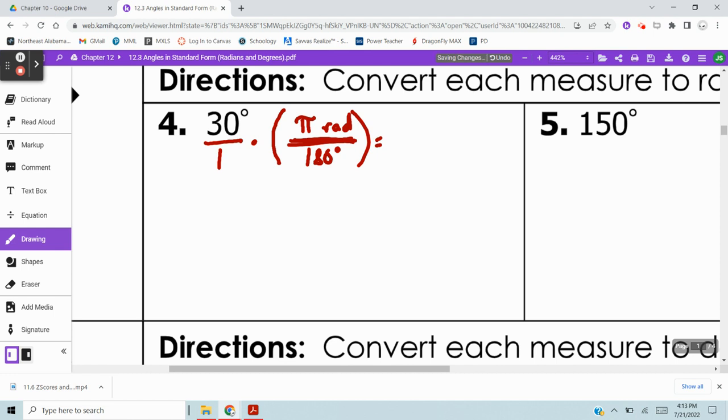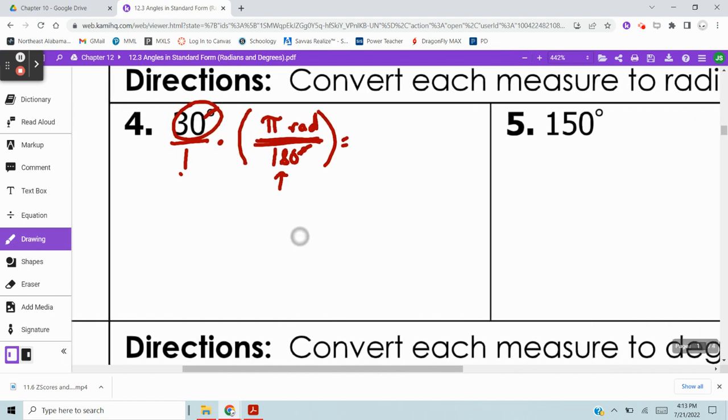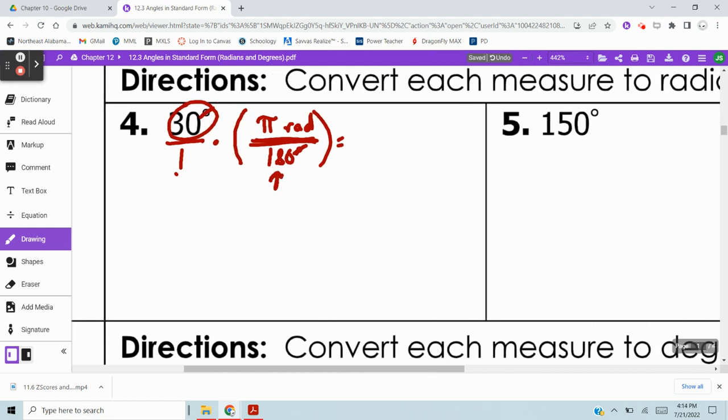I'm multiplying by 1, so that's legal. Just a quick reminder, the same way when you're multiplying fractions, you can cancel units. I'm going to cancel my degrees there, and that's the reason degrees was on bottom here. If it's on top here, you want it to be on bottom here so that it will cancel.